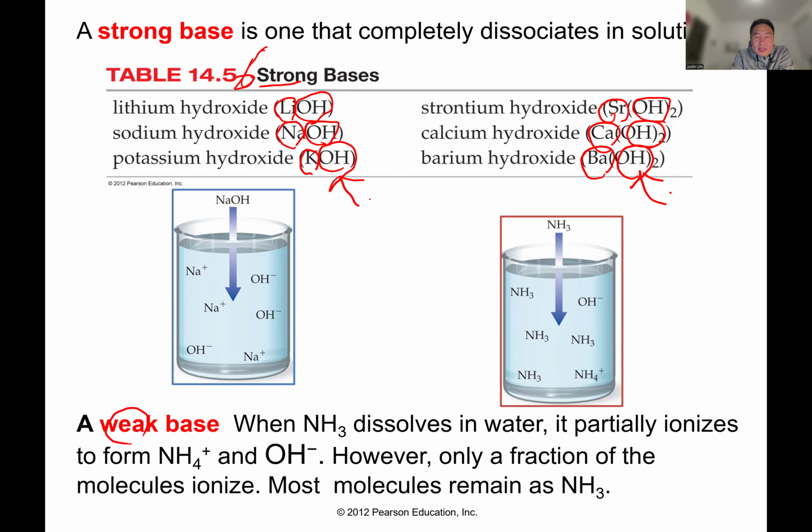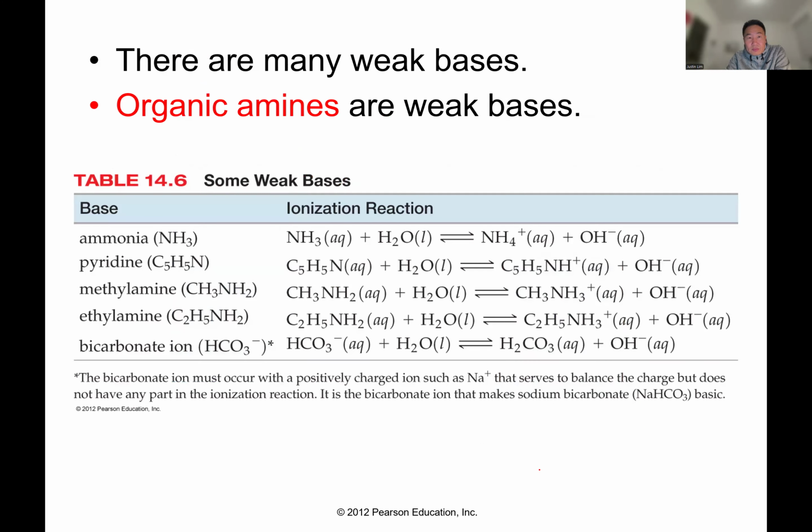So for a weak base, when ammonia is dissolved in water, it partially ionizes to form ammonium ion and hydroxide ion. However, only a fraction of molecules ionize. Most molecules remain as ammonia. There are many weak bases.